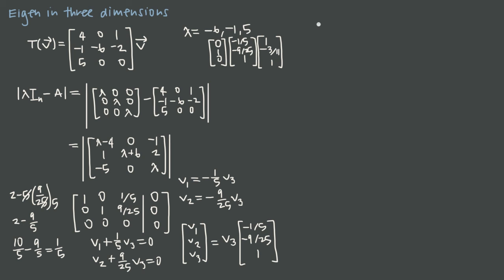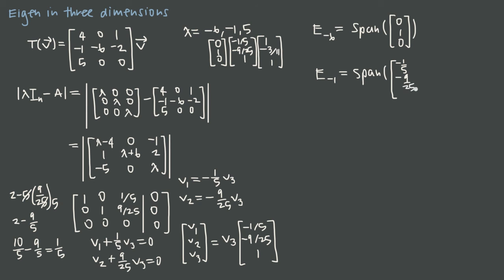And so if we were then to summarize, we would say the eigenspace for lambda equals negative 6 is equal to the span of 0, 1, 0. We would say that the eigenspace for lambda equals negative 1 is the span of this vector here, negative 1/5, negative 9/25, and 1.